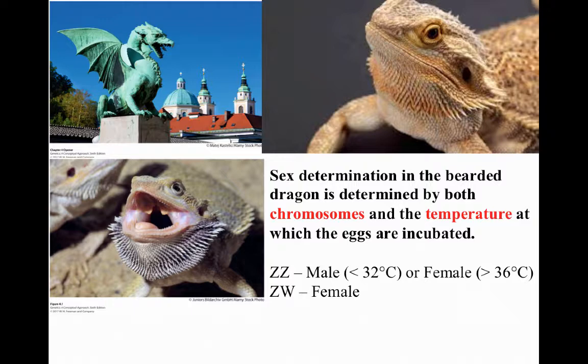They can be homozygous ZZ or they can be ZW. The ZZ females will be genetically male but will have phenotypic female characteristics, and the reason for that is because those eggs were incubated at 36 degrees Celsius or higher. So this is just one example that we're going to talk about in this chapter.